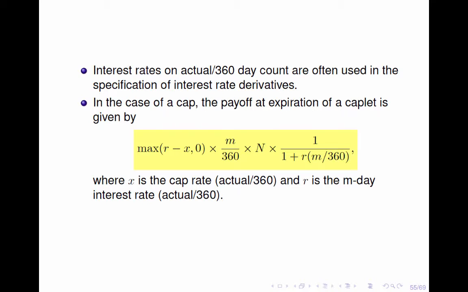Both rates are on actual over 360-day count convention. Thus, the first three terms of the formula give the amount of interest to be received by the cap holder on an M-day deposit of a notional principal N. Hence, to obtain the payoff at expiration of a caplet, one has to multiply it by the discount factor for the M-day period.